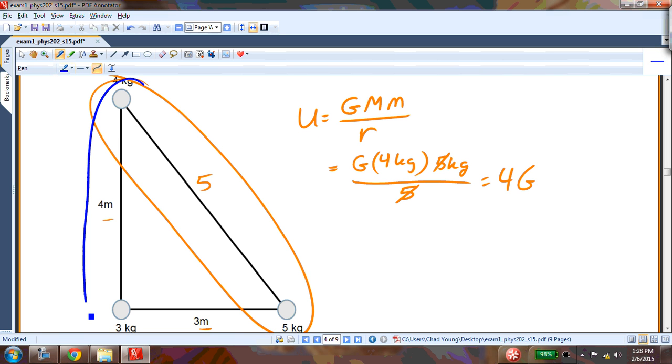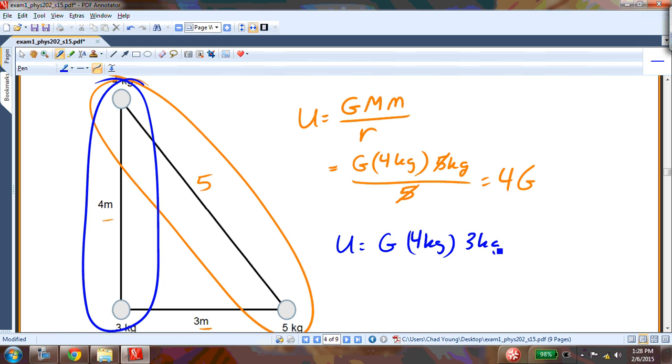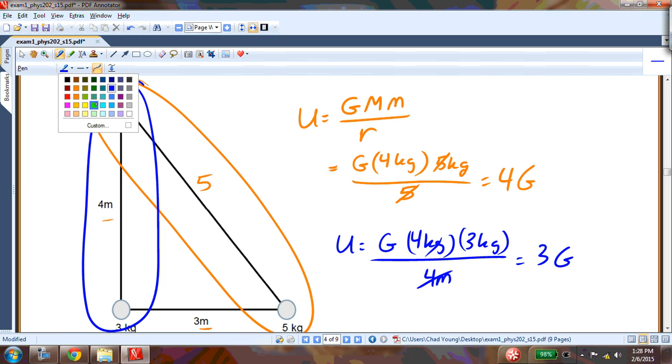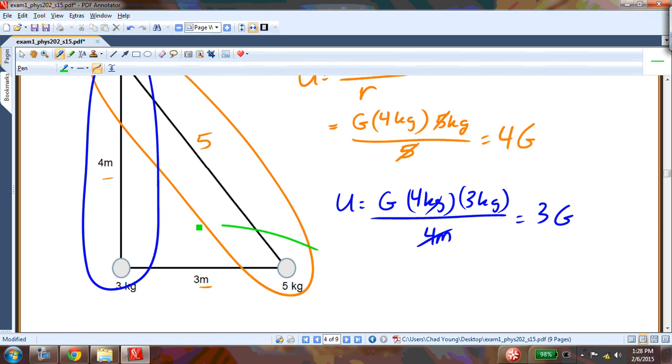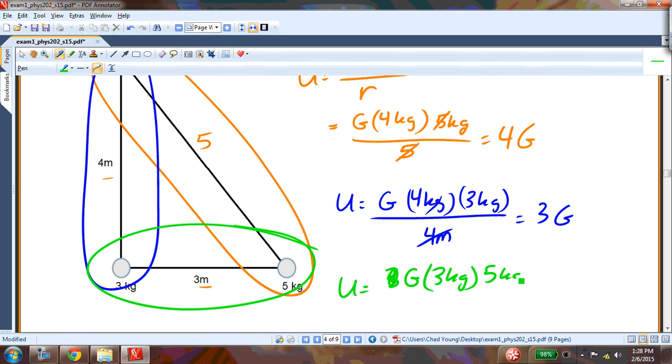Do this pair. I have a 3 and a 4 kilogram mass, so this potential energy is G times 4 kilograms, 3 kilograms divided by 4 meters. Those cancel. This is 3G. And then the last one is this 3 and 5 kilogram mass, so U is G, 3 kilograms, 5 kilograms divided by 3, that cancels.